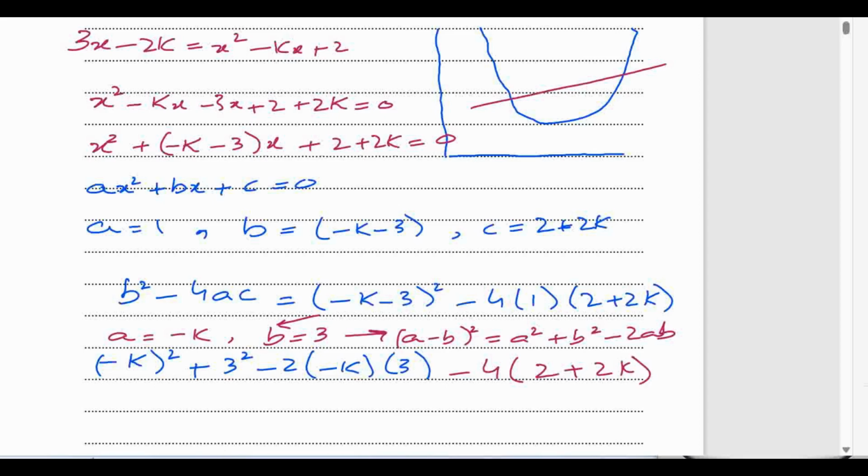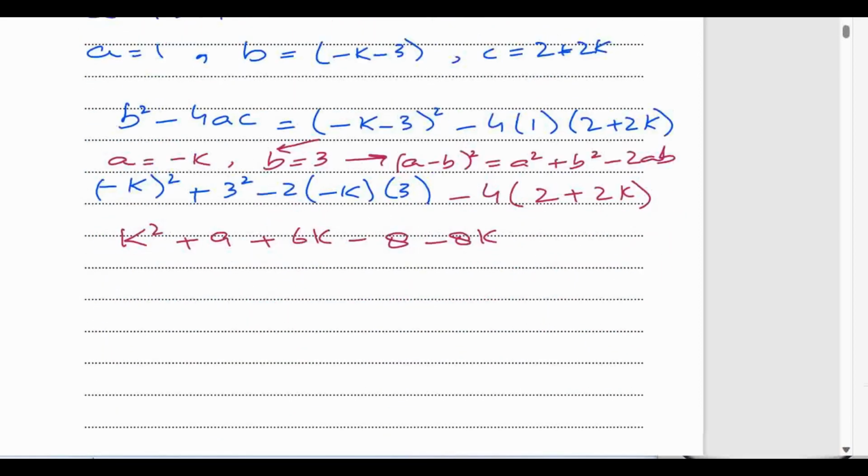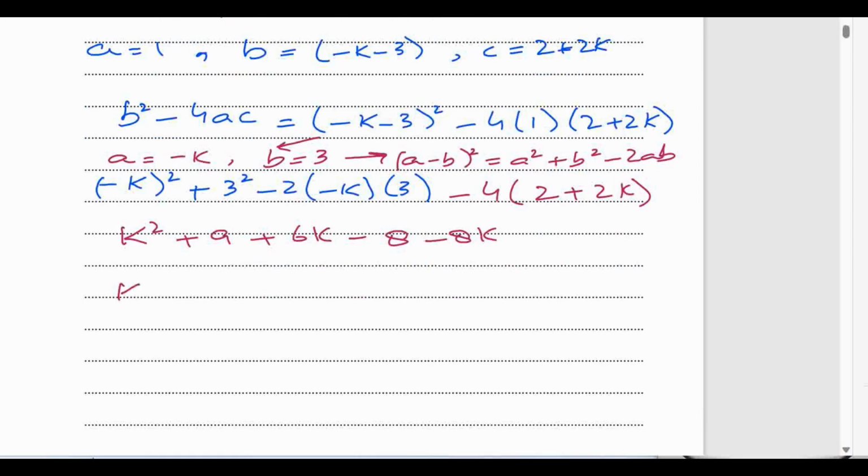Now if we further simplify it, this will be k square plus 9 plus 6k minus 8 minus 8k. Further simplifying, this will be k square minus 2k plus 1. By middle term breaking, or by just looking at it, we can clearly see that this will be k minus 1 whole square.